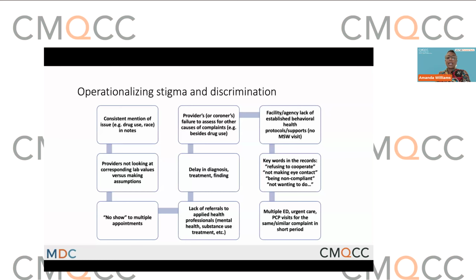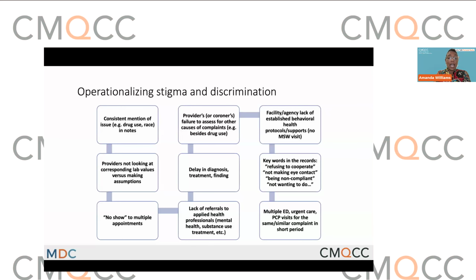Are we looking at certain words in nursing notes around refusing to cooperate or not making eye contact or calling patients non-compliant? There are all these little hints, all of these little code words that we see.